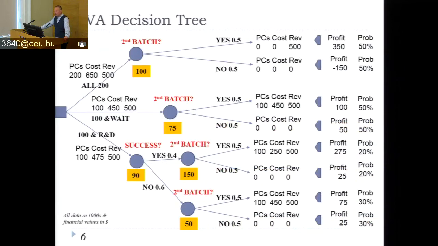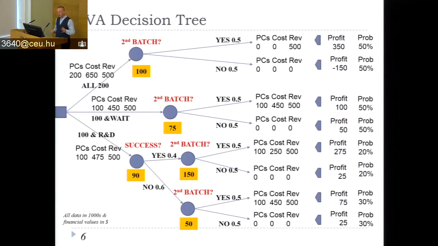You have 30% of 75,000. And if you add the two items with 25,000, you have a total of 50% chance of making 50,000. So if I summarize it like this, then as a decision maker, you have a chance to carefully understand how this particular situation works out and which route would be the best for you.